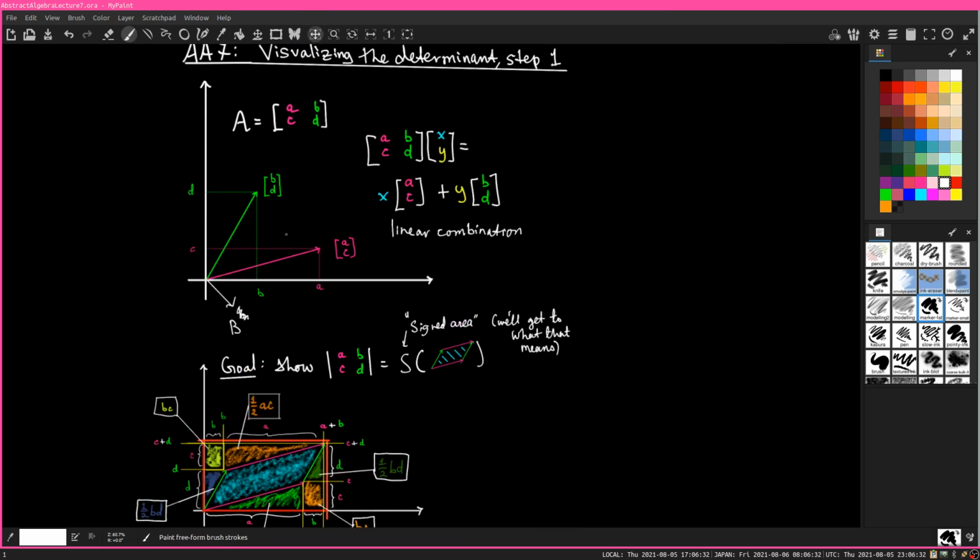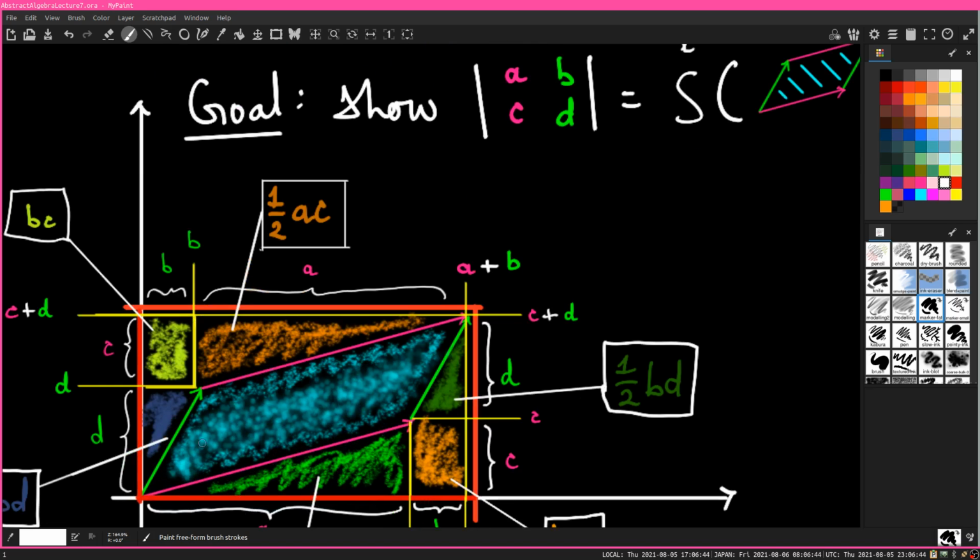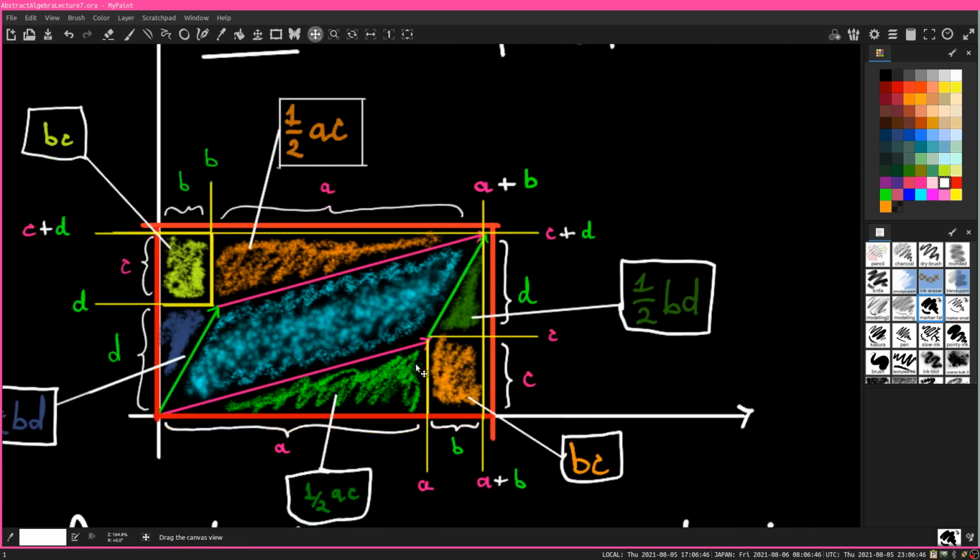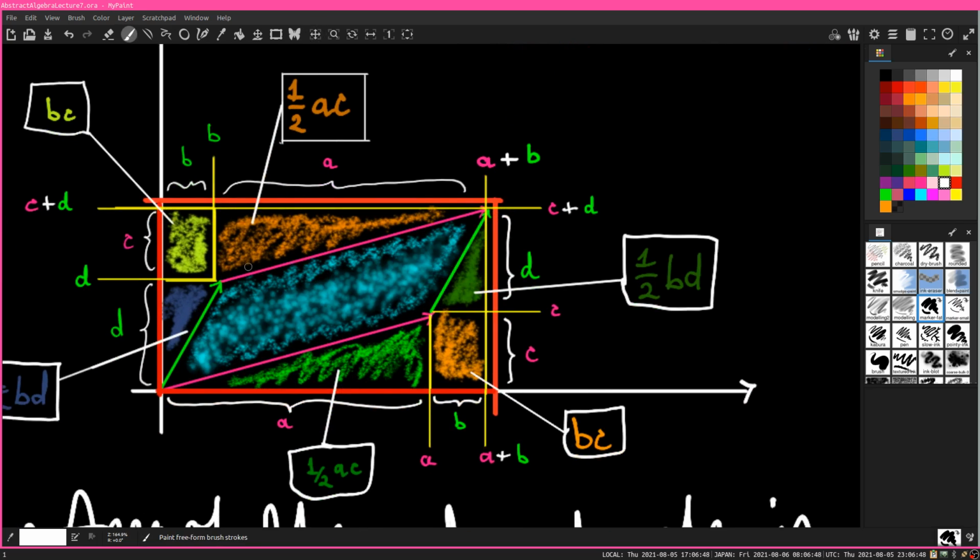All I did was take this picture up here and do a parallel translate of this green vector up here, and this red, or pink, vector over here. What we're looking for is this turquoise area in the middle.